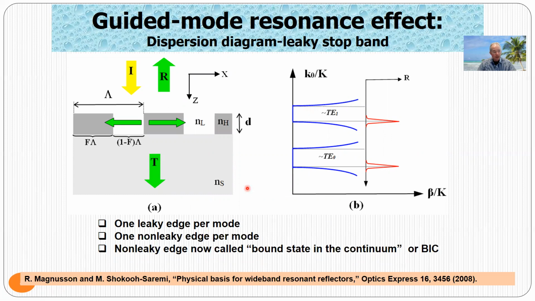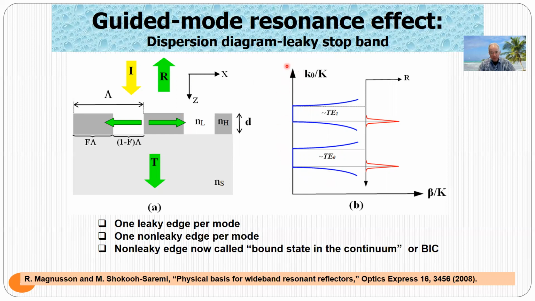So it's possible to understand some of these effects based on the leaky stop band dispersion diagram. Again, taking a resonance sensor here, periodic, having an input light, reflected light, and transmitted light with evanescent diffraction orders driving the case, the second stop band or leaky stop band has this characteristic.